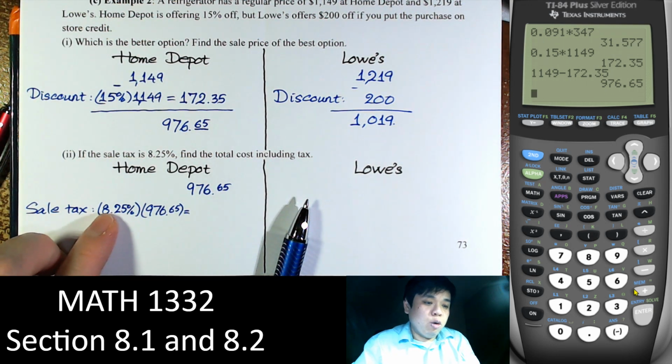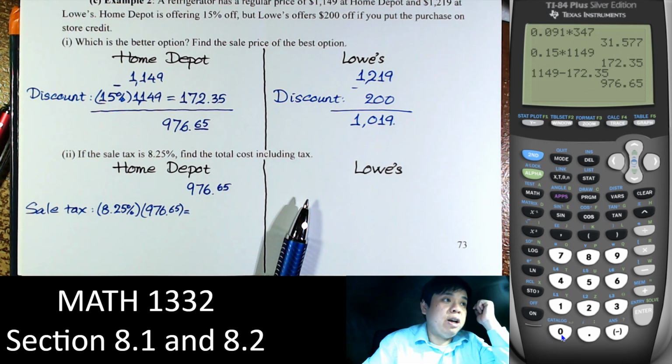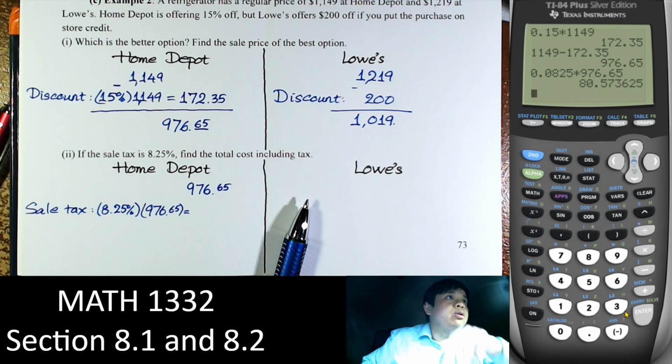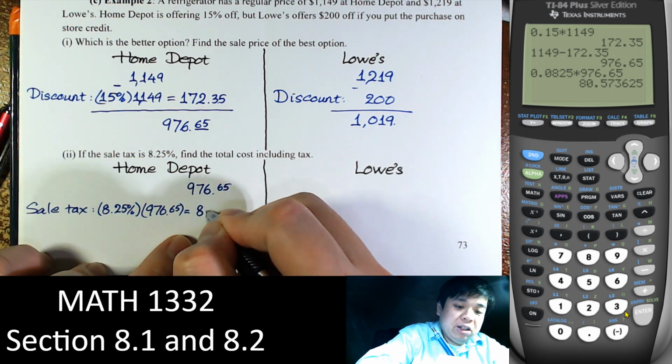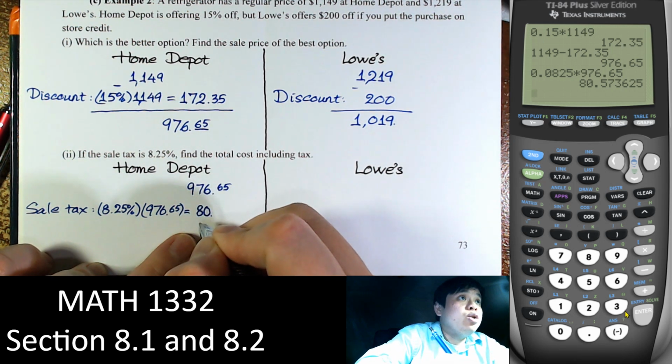So move the decimal place 2 places to the left, you have 0.0825 times 976.65. So we have 80.57. This is money, so we keep everything up to 2 decimal places, so up to the pennies.